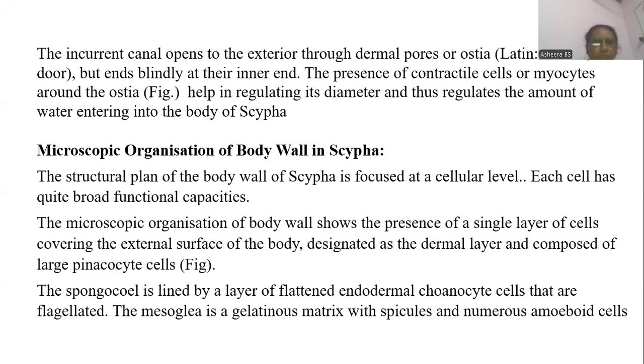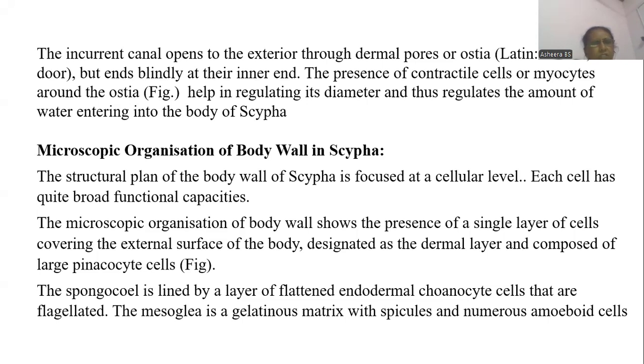Then if you take the body wall microscopically, here you'll find a single layer of pinacocytic layer found covering the external surface of the body. Then the spongocoel is lined by flattened cells.